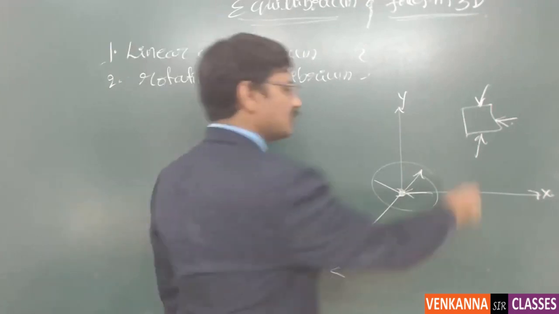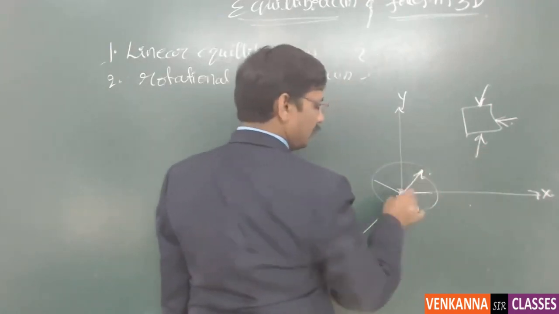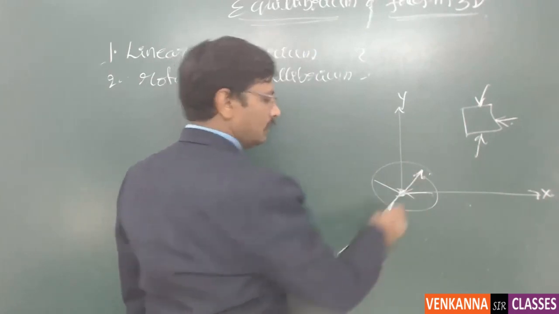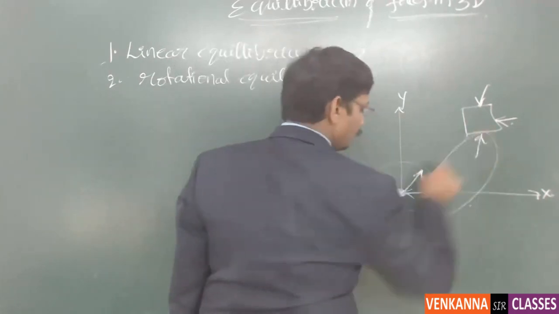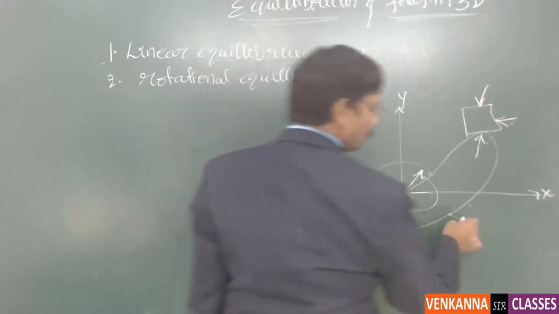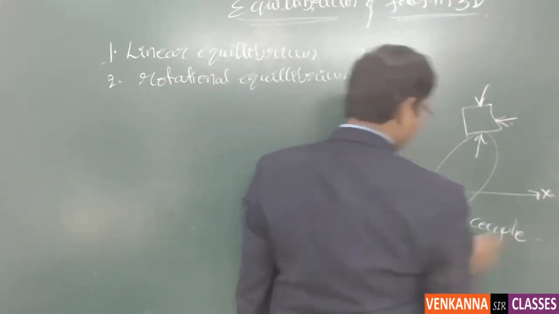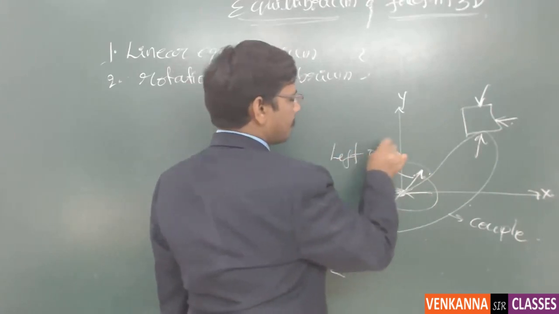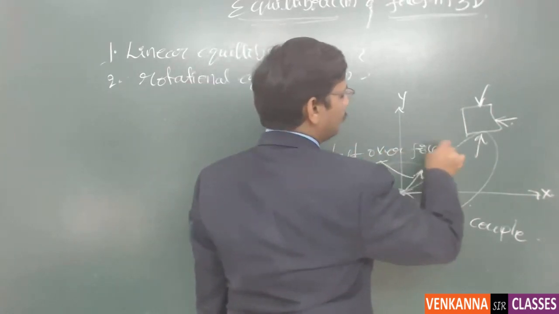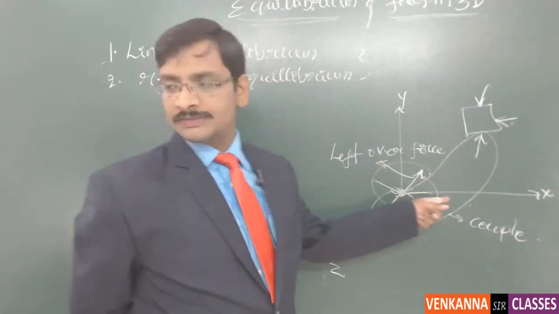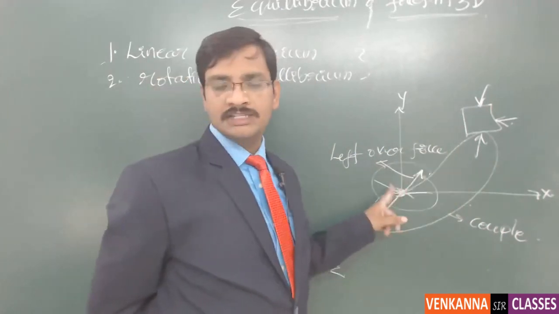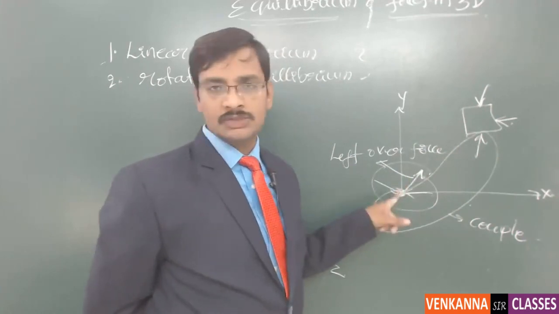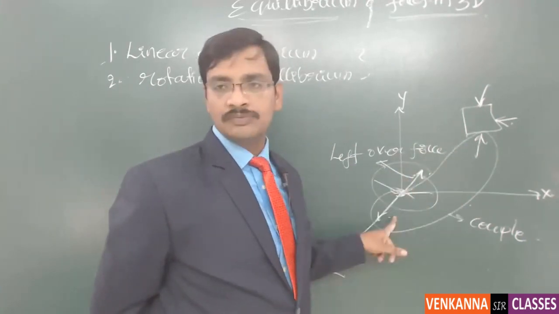For this particular force, draw a force like this, and exactly opposite to that draw one more force of equal magnitude. Then these two together will form a couple, and this force will be the leftover force. Similarly, for all the forces, if you draw individually at this particular point, you will be left with one force for each acting at this location and one couple for each.